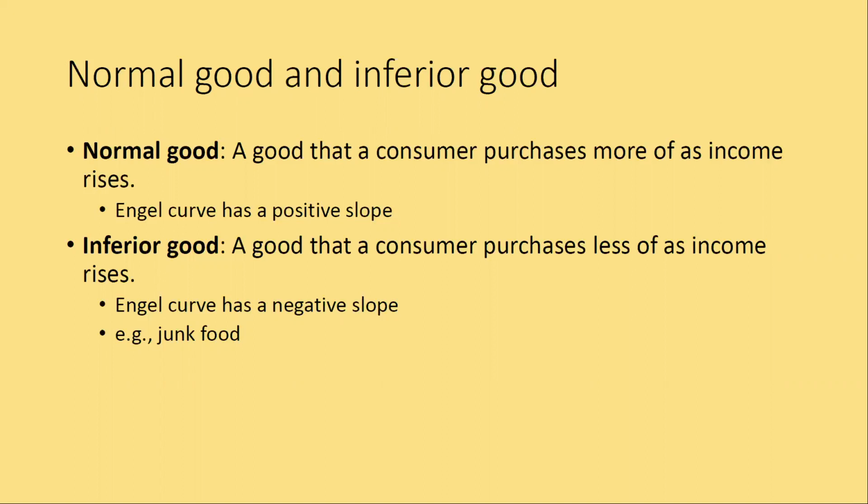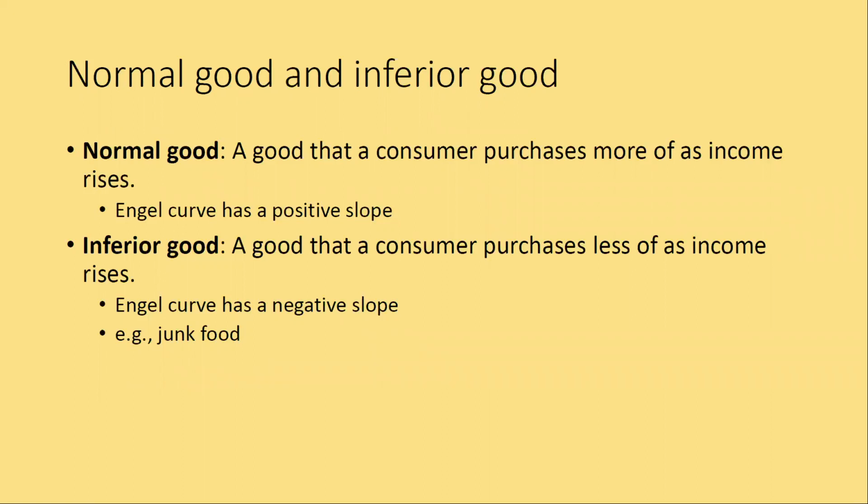Examples of inferior goods are usually goods of low quality. It can be either junk food or maybe clothes of low quality. We can imagine that when people's income is low, people have to rely on those goods to survive.